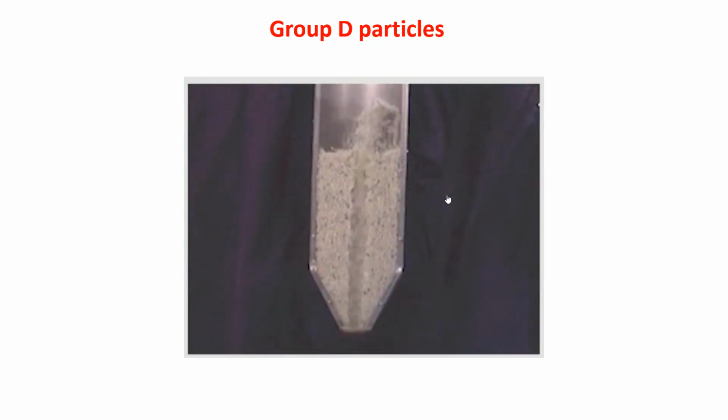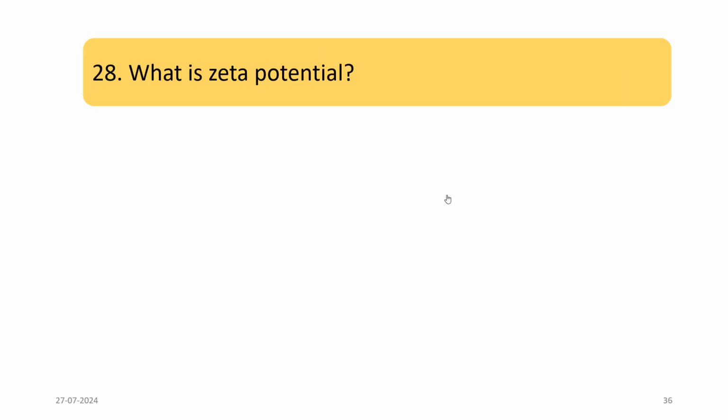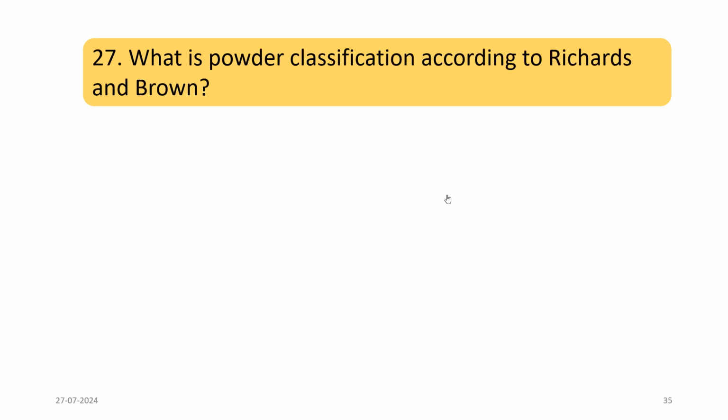Please, ma'am, the meeting is at 4:30, so please, one question is to explain zeta potential. Yes, I will explain zeta potential. Zeta potential is the next question. There is another question also, let me show you, I think it is Richardson and Brown.